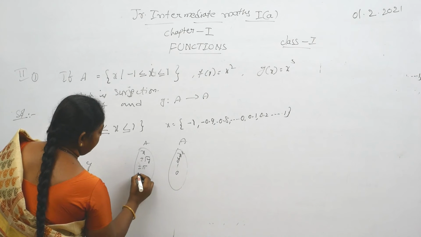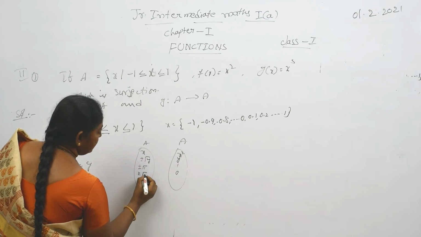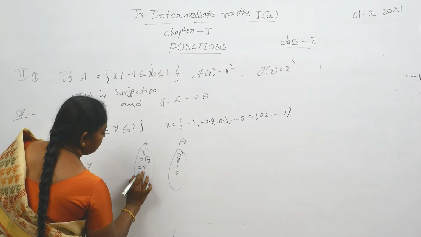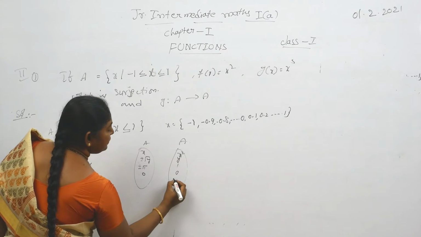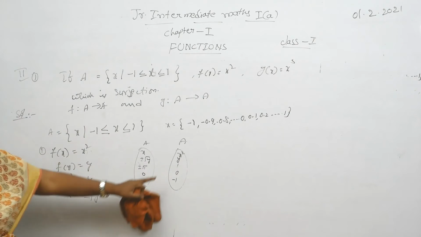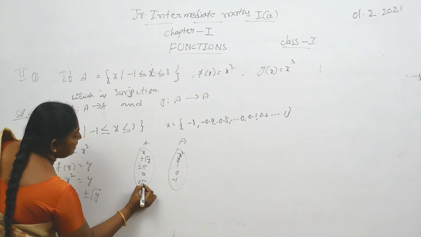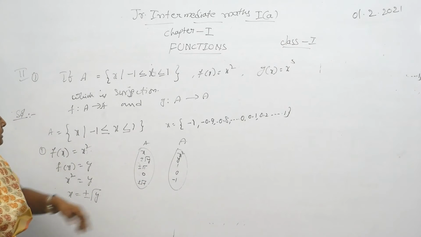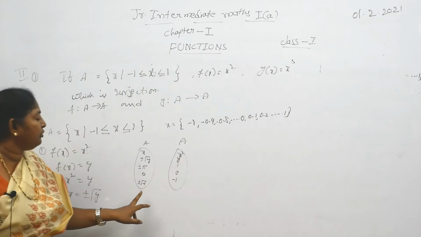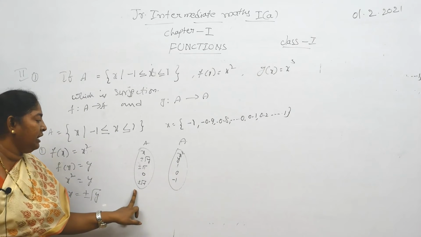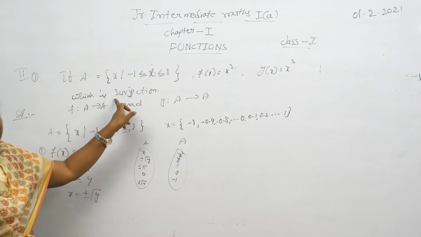Taking 0, plus or minus root of 0 equal to 0, so 0 will come. If we take y equal to minus 1, then plus or minus root of minus 1 is not a real number. So this is not a surjection.